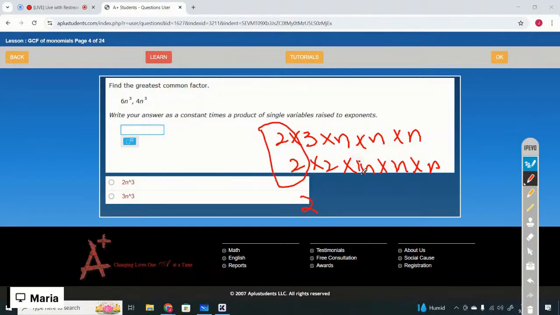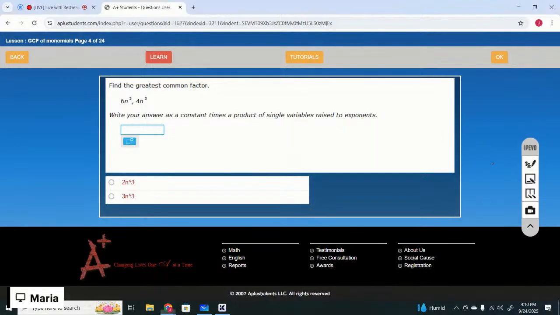The common factor is 2 and n cube. That is 2n cube. Option number 1 is the correct option.